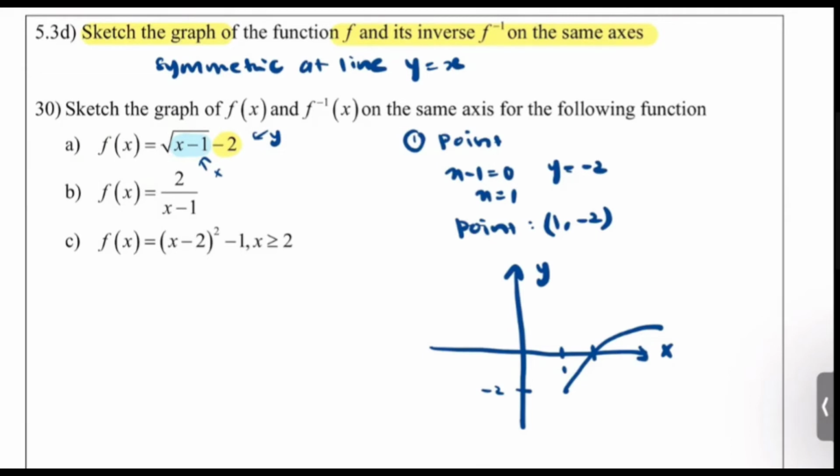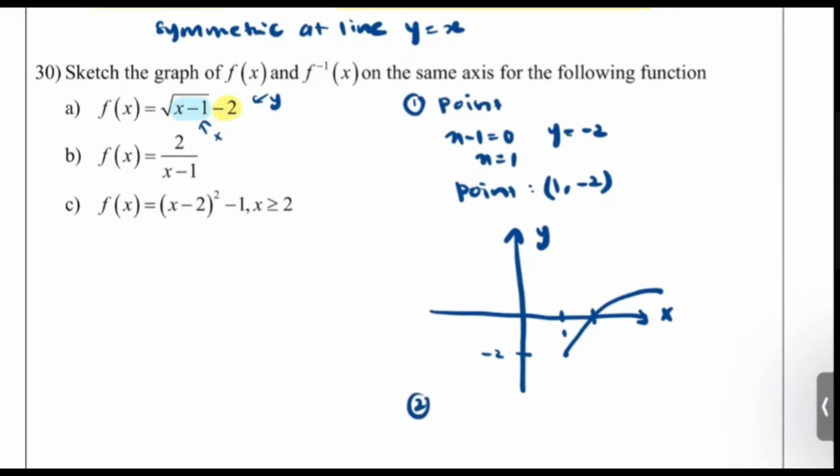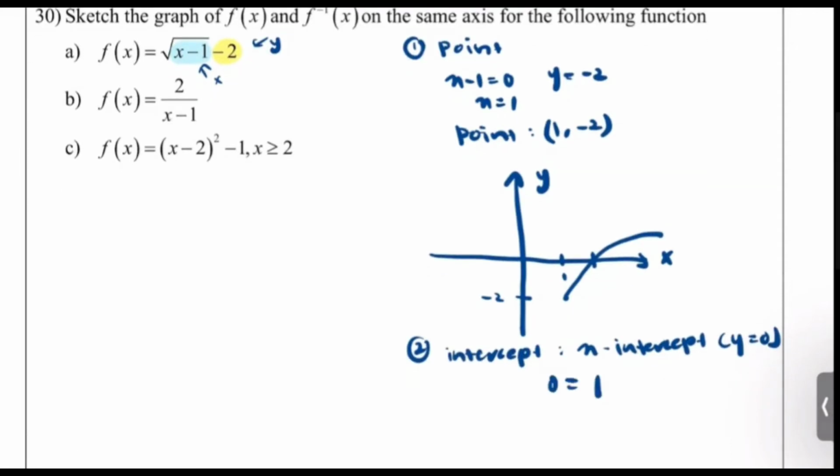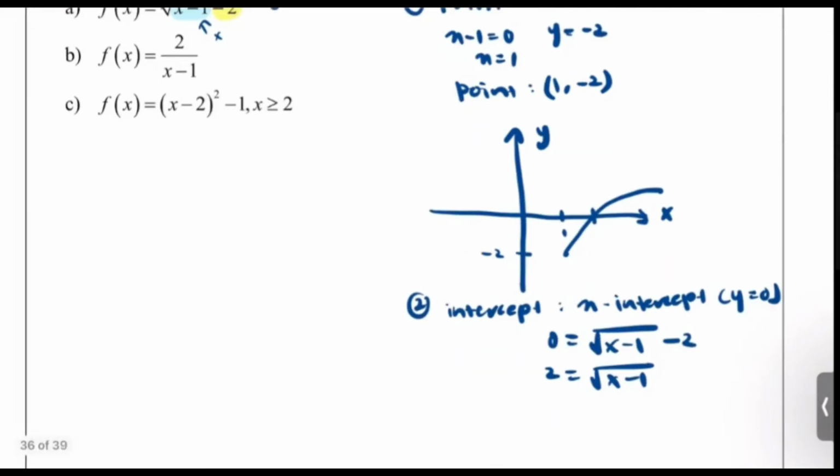So I need to find it. The second is the intercept. So we have x-intercept means y equals to 0. So 0 is equal to square root x minus 1 minus 2. So 2 equals square root x minus 1. 4 equals to x minus 1. So x is equal to 5.